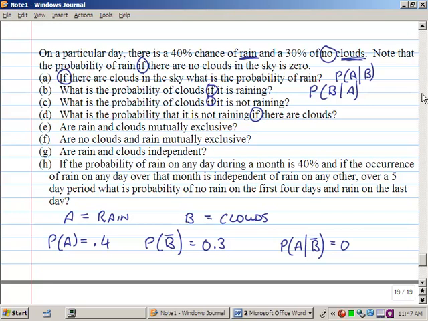All right, C. What is the probability of clouds if it is not raining? The probability of clouds given no rain, so the probability of B given A bar.